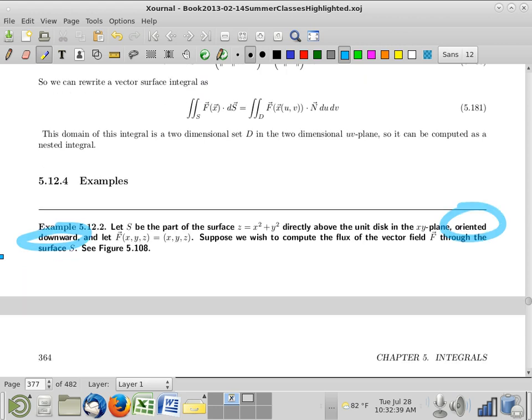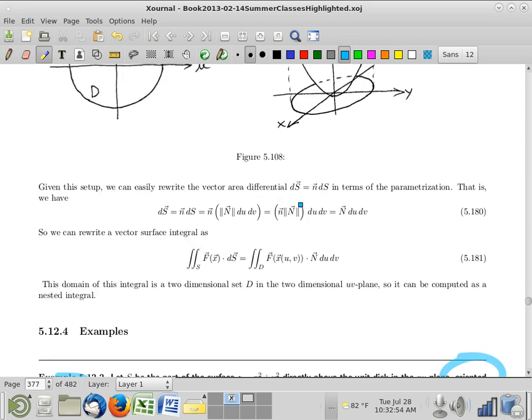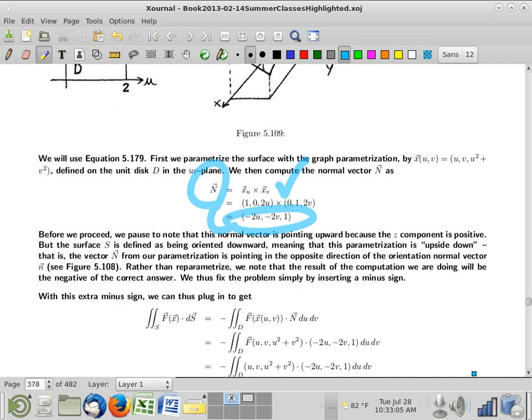But I also need to compute my capital N vector, and I'd like to do it with this formula, hopefully. The problem is that the direction that capital N points is kind of suggestive of the direction little n points, because capital N and little n are supposed to be related. Right? So in this case, look at what we got.